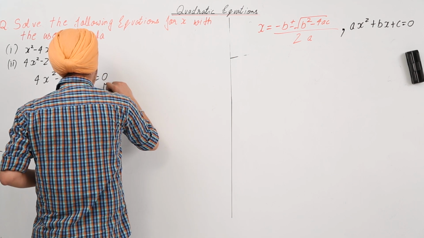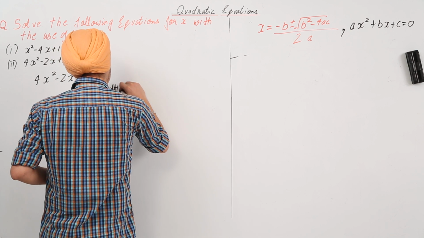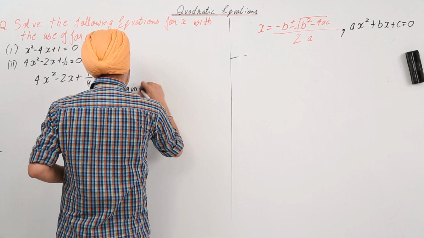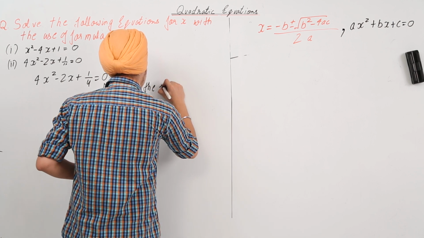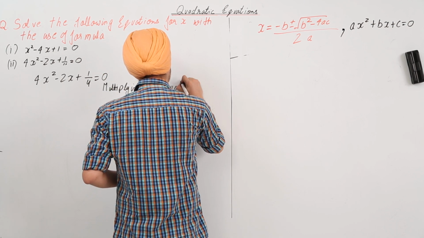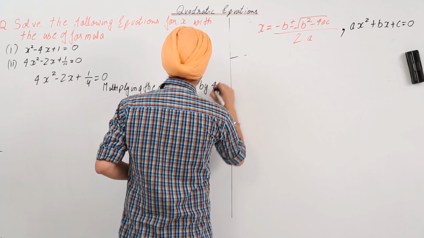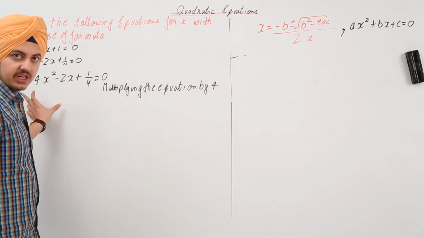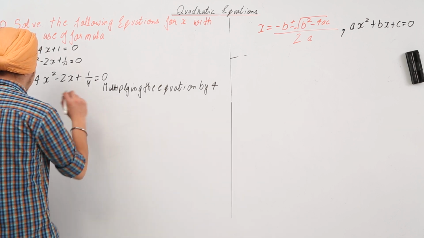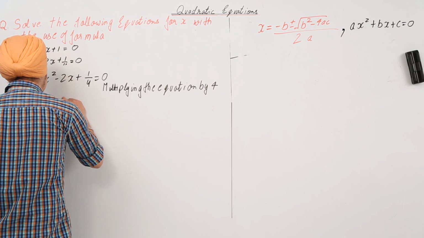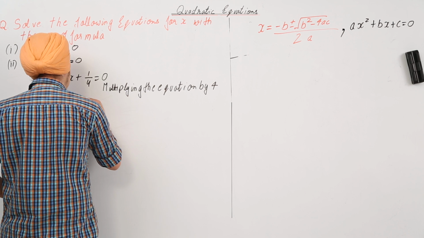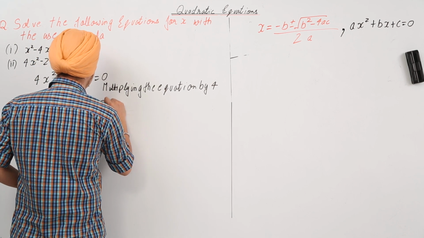So multiplying the equation by 4. Multiplying this equation by 4, we get 16x square minus 8x plus 1 equal to 0.